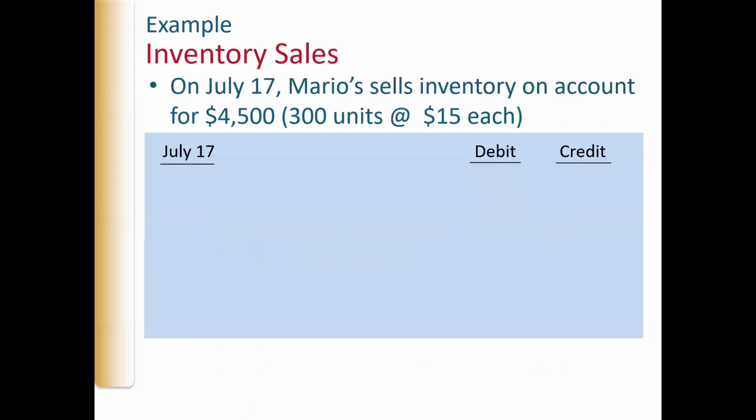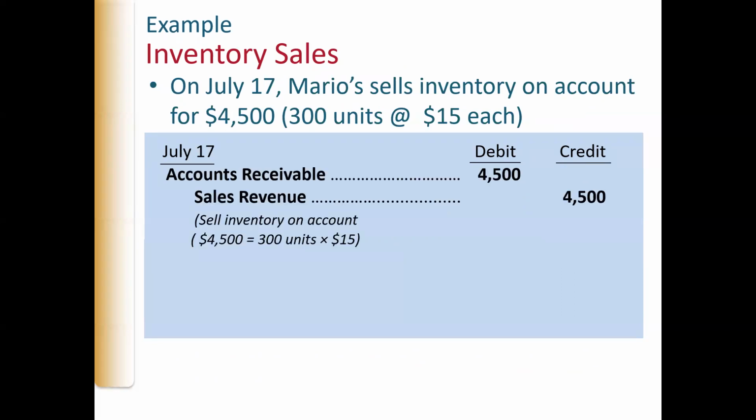Next, on July 17th, Mario sells inventory on account for $4,500. What are we going to do? There are two transactions we're going to do when inventory is sold using the perpetual method. First, we're going to show the sale of the inventory.